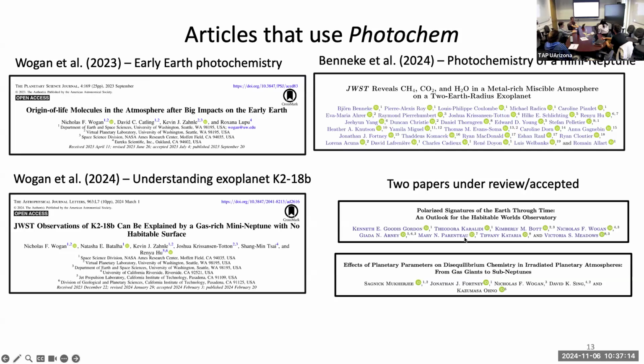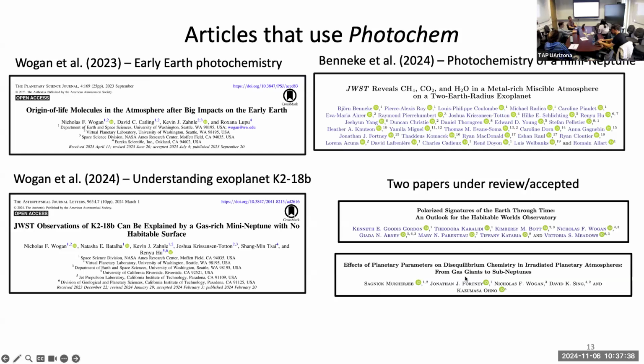There's also a couple papers that were just accepted. One that looks at SO2 was just here. Oh, was it? Yeah, maybe about a month and a half ago. Shang and I worked on, well, he led the paper. It's on the effects of planetary parameters on photochemistry in irradiated planetary atmospheres.